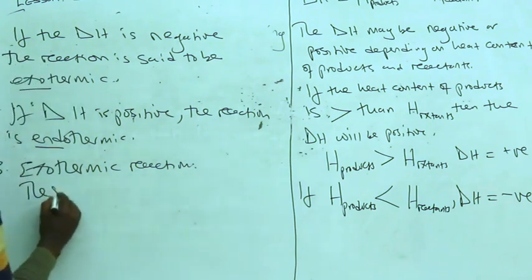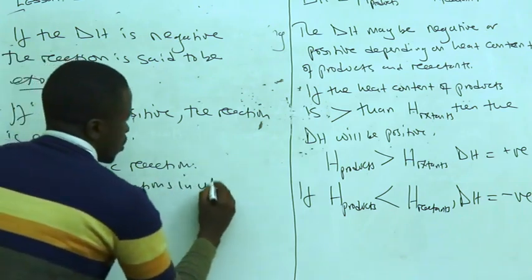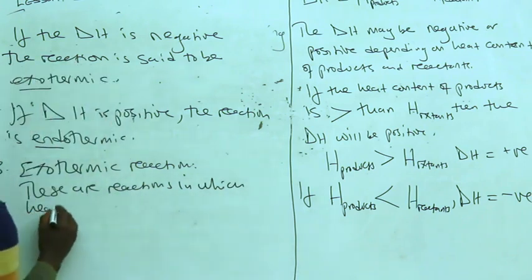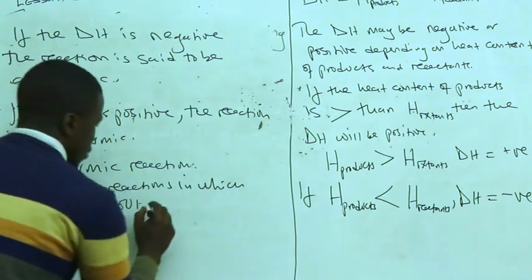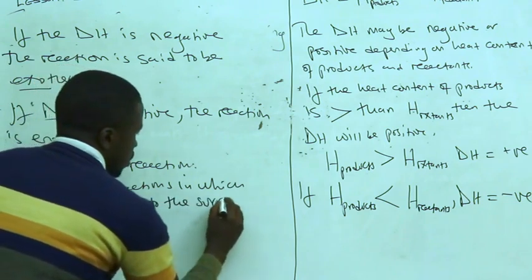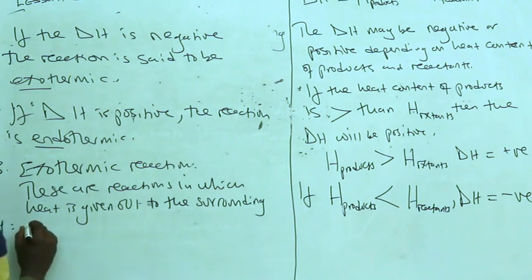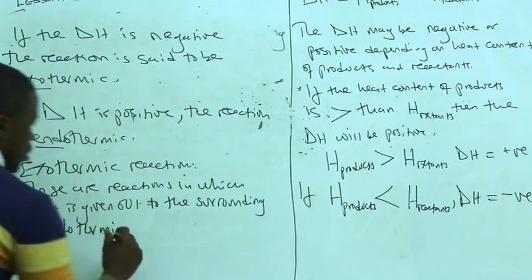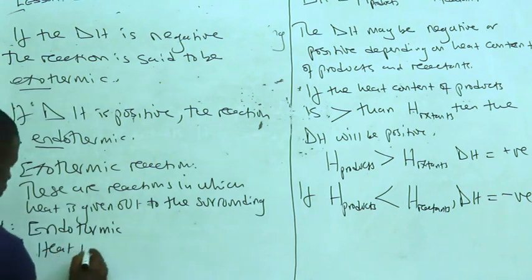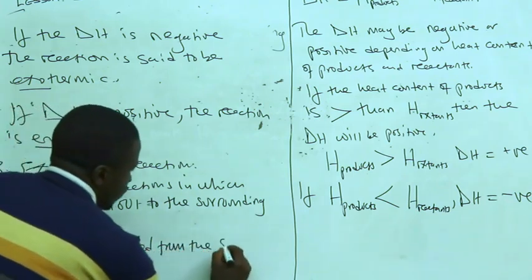These are reactions in which heat is given out to the surrounding, while in endothermic reactions heat is absorbed from the surrounding.